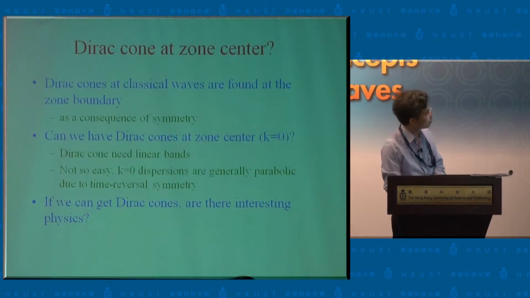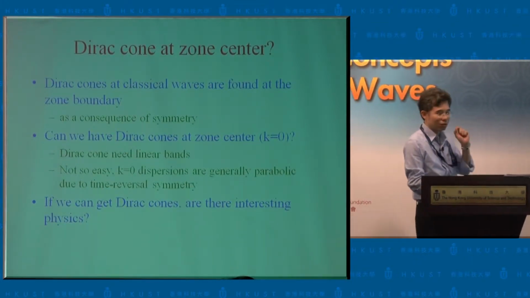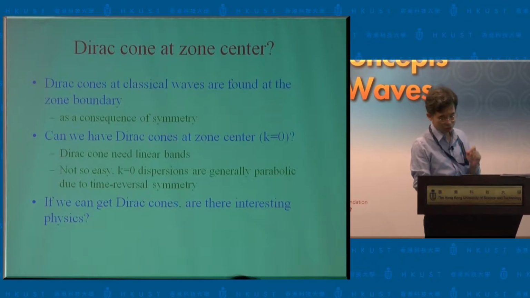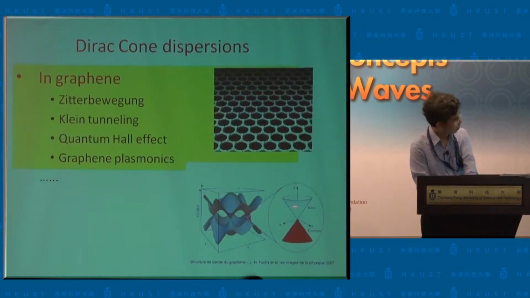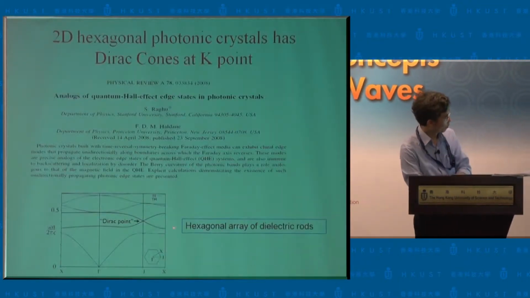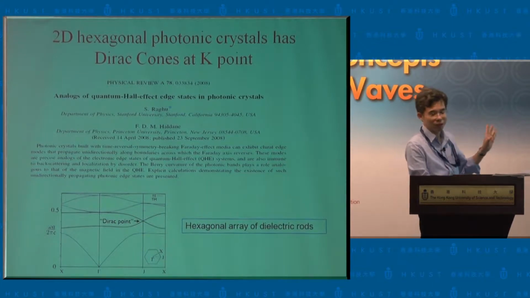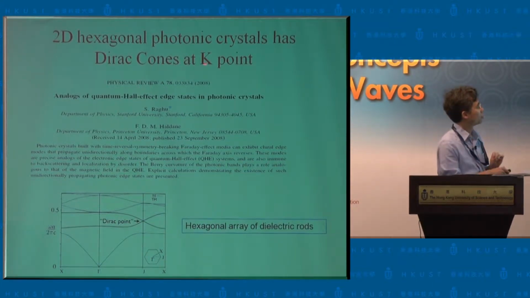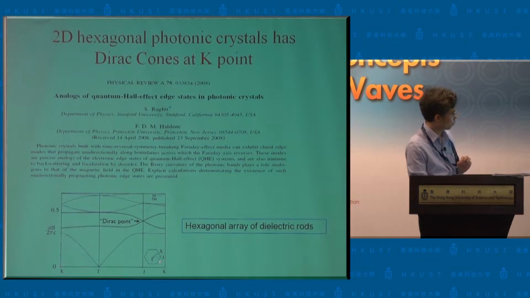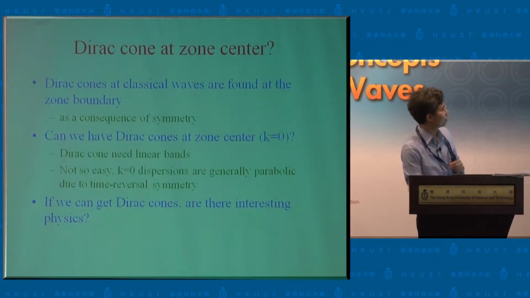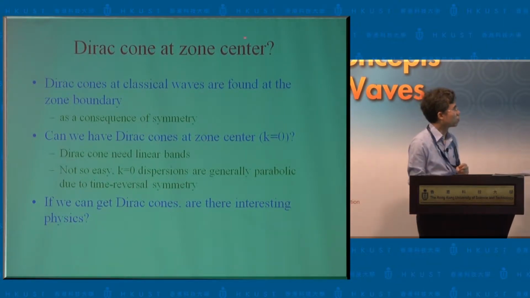Now, but today I want to talk about something else. I'm not going to talk about the Dirac cone in either graphene or photonic crystals, because typically in these systems, you find the Dirac cone at the zone corner, at the K point. I want to see if I can get a Dirac cone at the zone center.